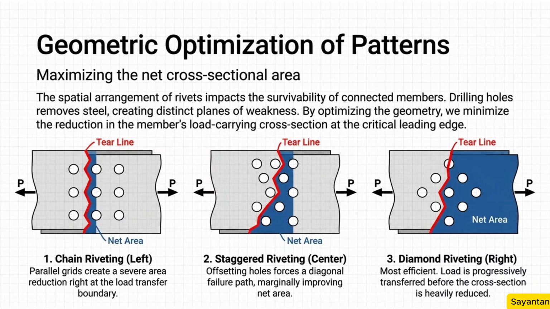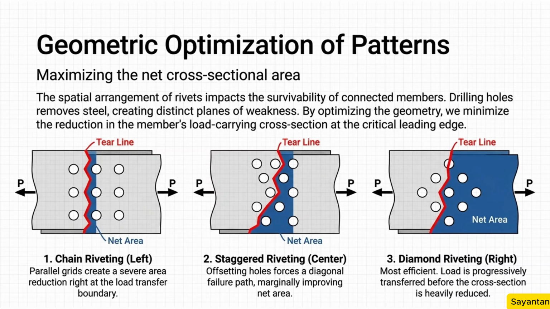Drilling fastener holes into structural members removes load-bearing cross-sectional area, creating critical failure planes. The layout geometry of a rivet group determines the minimum net tensile area along potential tear lines under applied axial load P. Chain riveting places fasteners in a parallel rectangular grid.